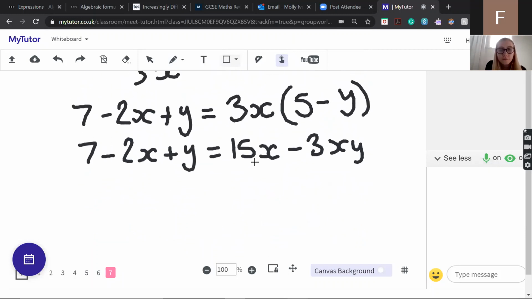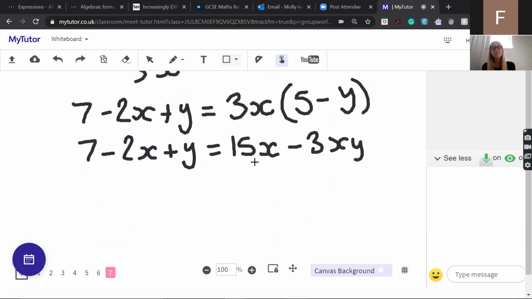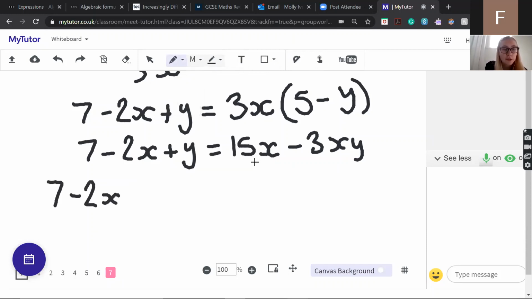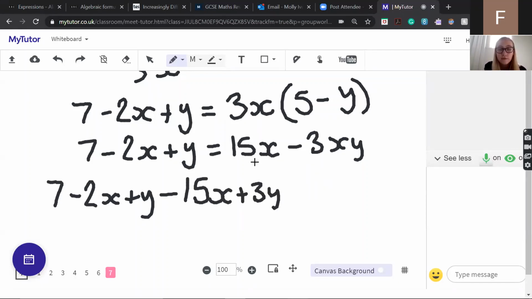Then we want to get everything with an x in it on the left-hand side. So I'll do that first. I won't try to cut corners with this one. So 7 minus 2x plus y. Well, now everything there is going to be on the left-hand side because it's got an x. So we subtract that 15x and we add that 3xy.